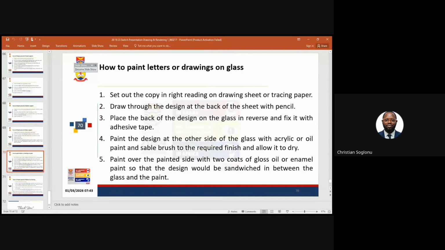So in a way you would trace the Kofi onto the tracing paper.